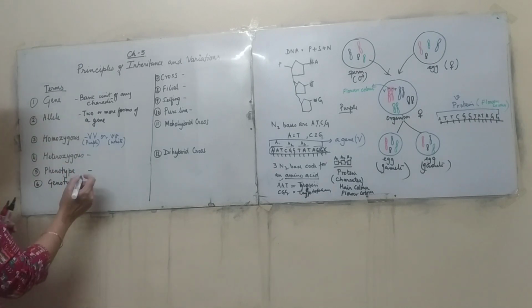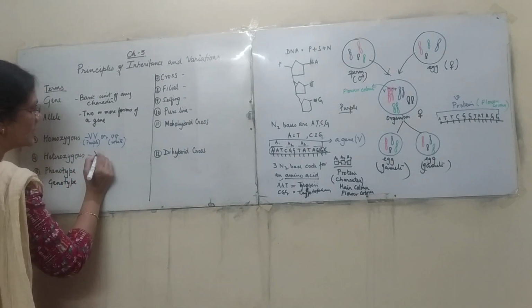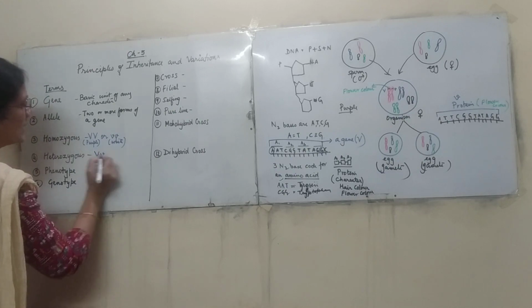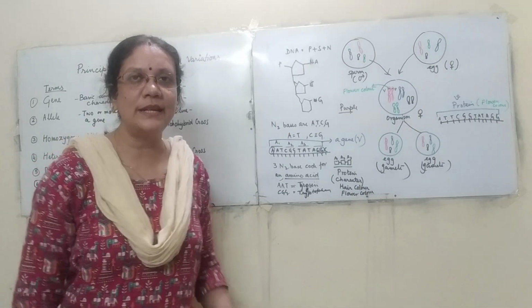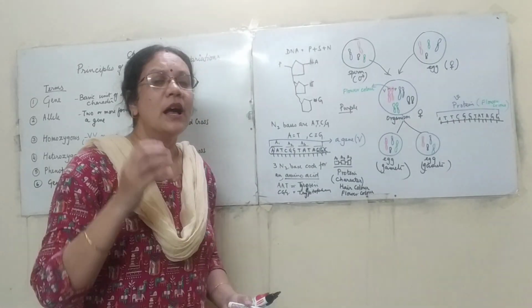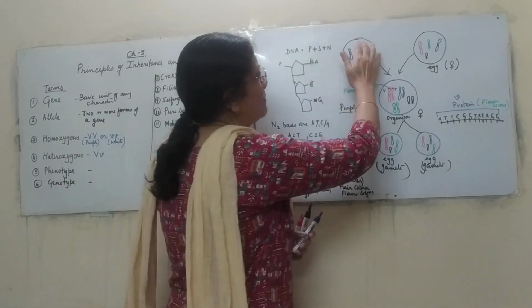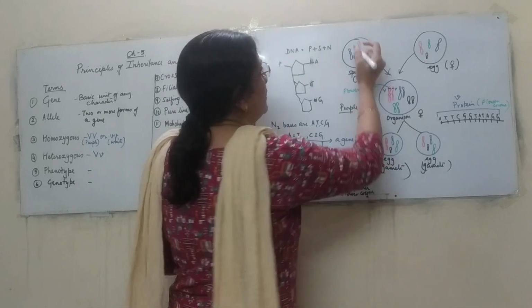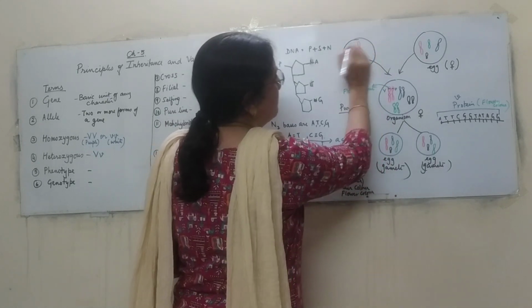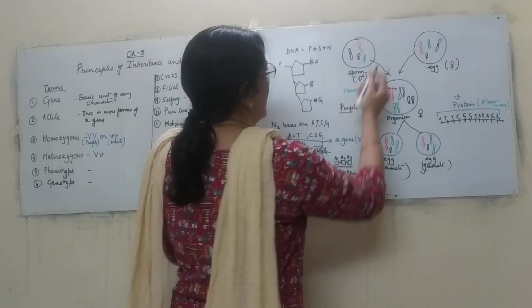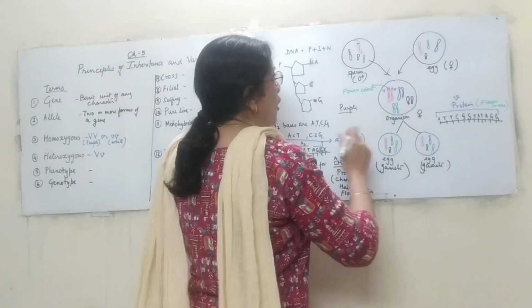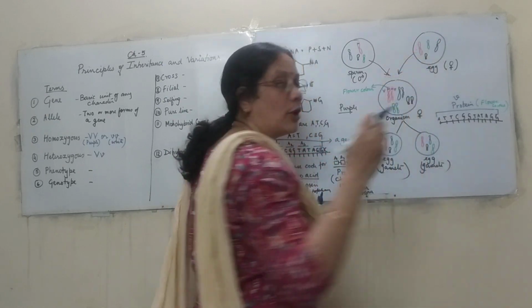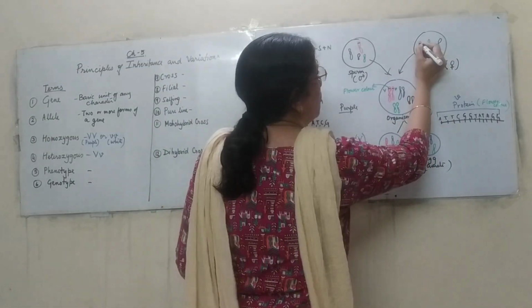Heterozygous is a condition where one is dominant and the other is recessive. We have already studied what a dominant character is and what a recessive one is. For example, I told you from the sperm came the dominant, that is the purple color, and from the egg cell came the white.